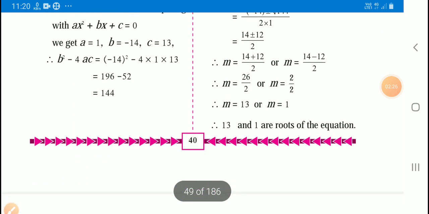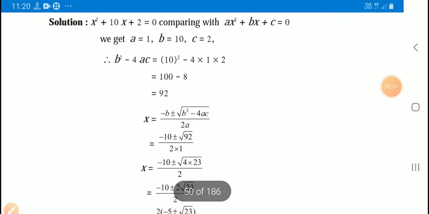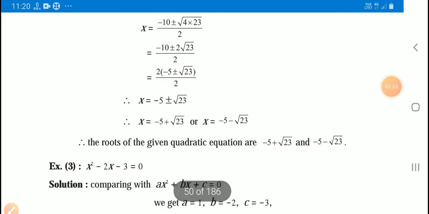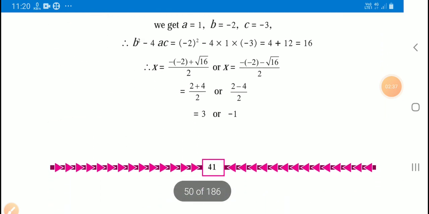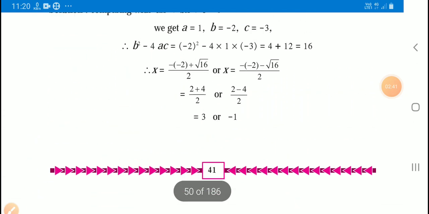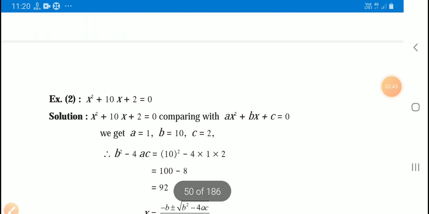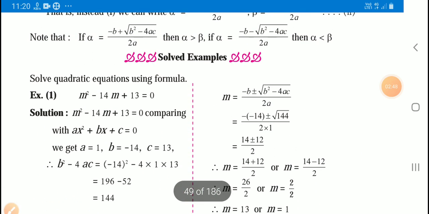We will solve the examples by using the formula method. There are two steps to solve these examples. First you have to find the value of b square minus 4ac, and then you can write these values in the formula and find the roots.